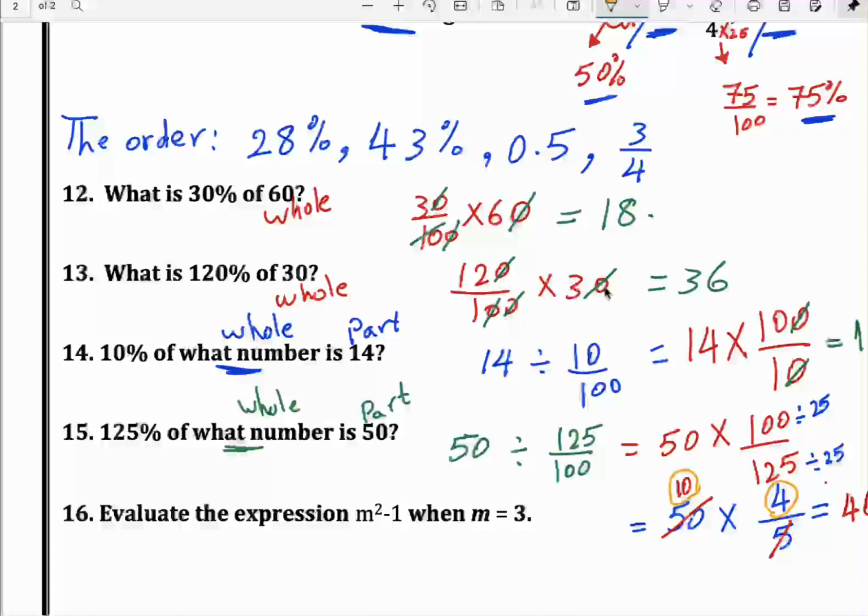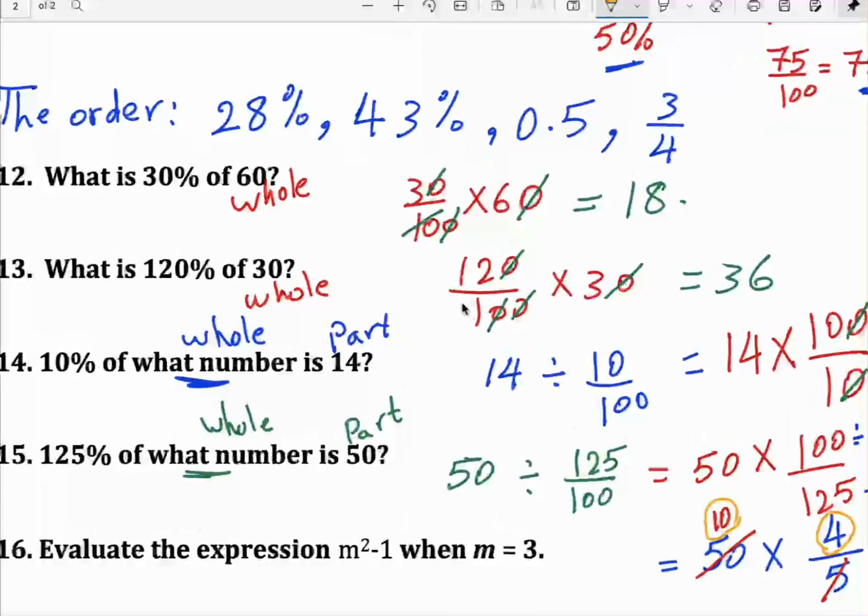Simplify and multiply. If you are asking why 36 is greater than 30, of course, because it's 120%, it's more than 100%. But how will we multiply what by what to get 36? 12 times 3.